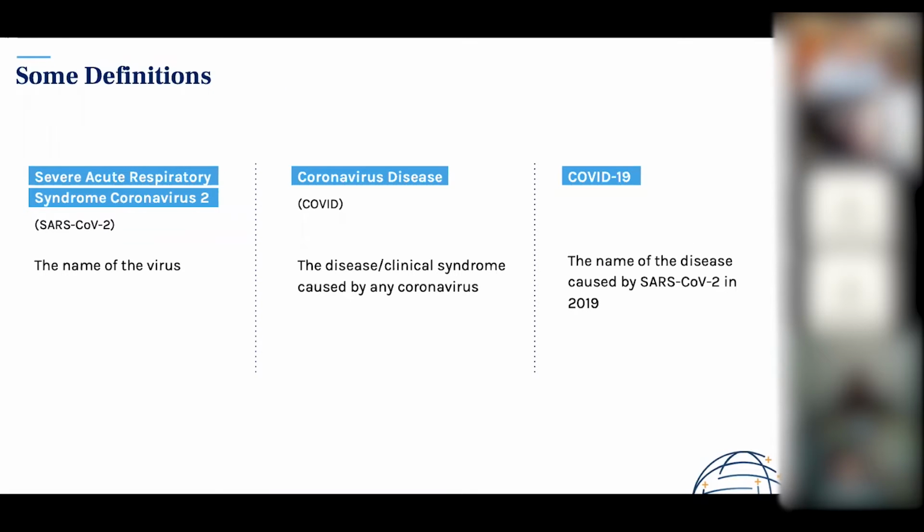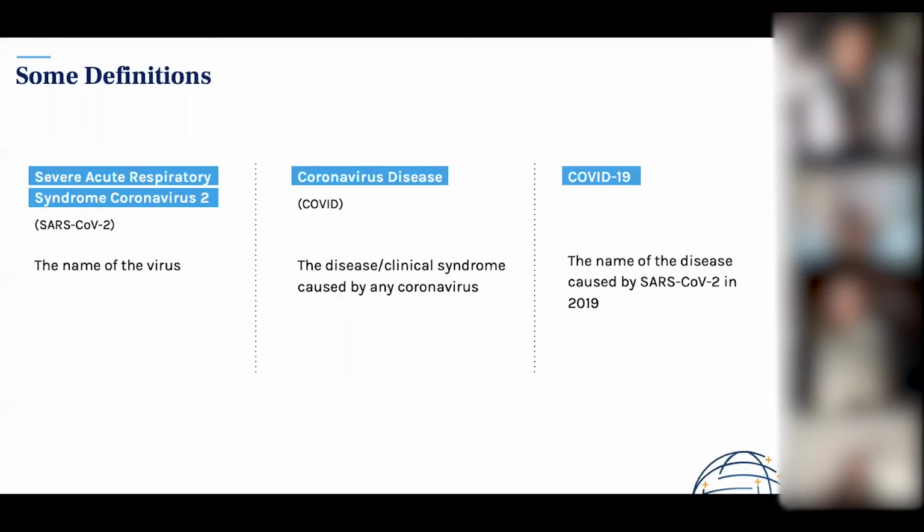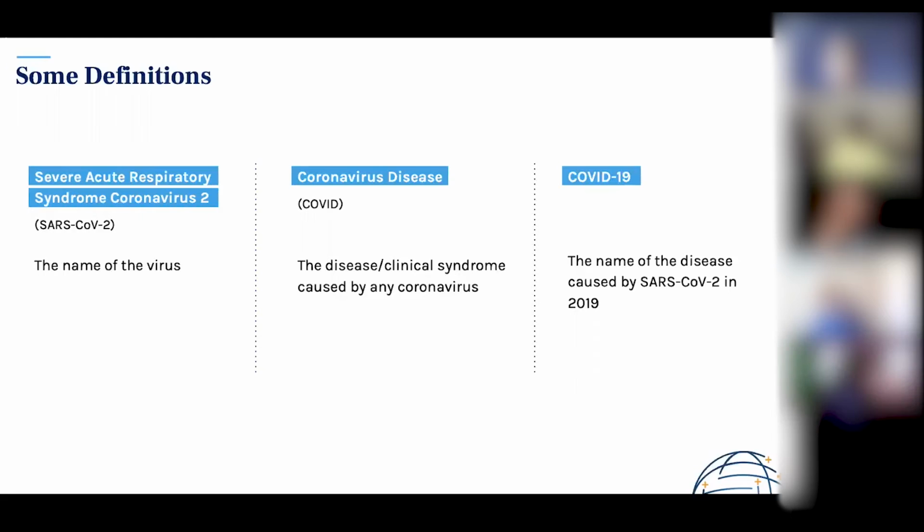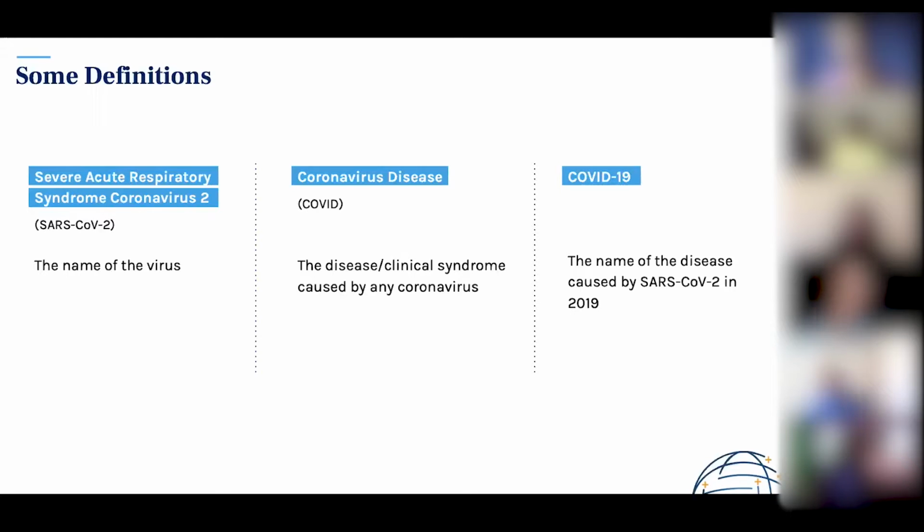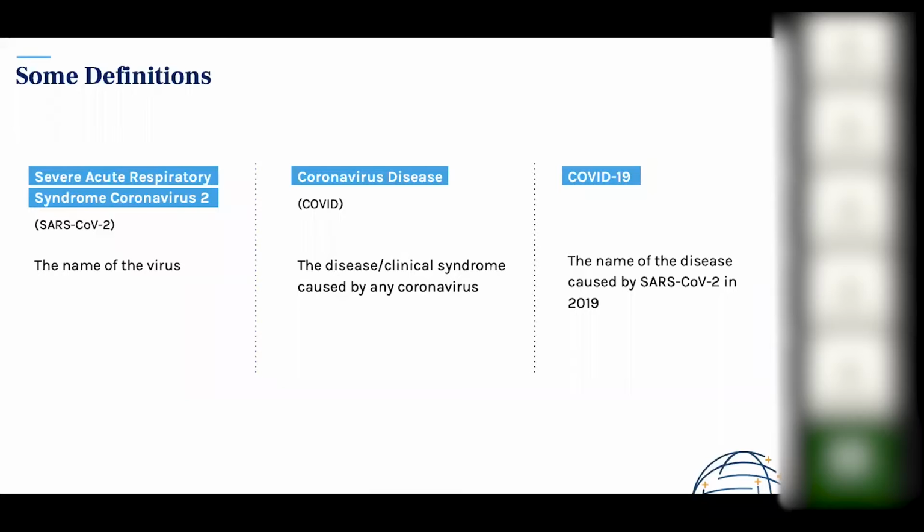So you probably read a lot about different terms, and it gets confusing sometimes when you read the different reports about what's what. You'll see something called the SARS-CoV-2. Well, that stands for Severe Acute Respiratory Syndrome Coronavirus 2. That's the name of the virus. So SARS-CoV-2 is what we actually call the virus.